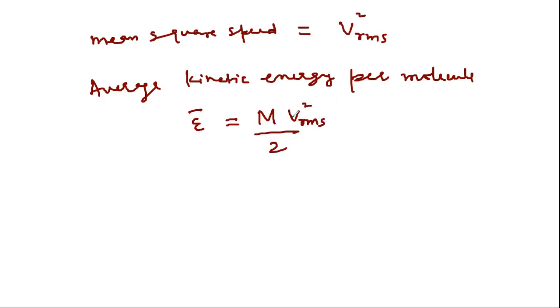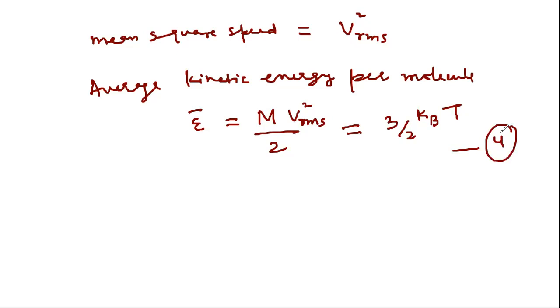So this average kinetic energy per molecule in an ideal gas comes in terms of this mean square speed, and it is equal to 3/2 k_B T at temperature T. You might be knowing it. We name it equation 4.